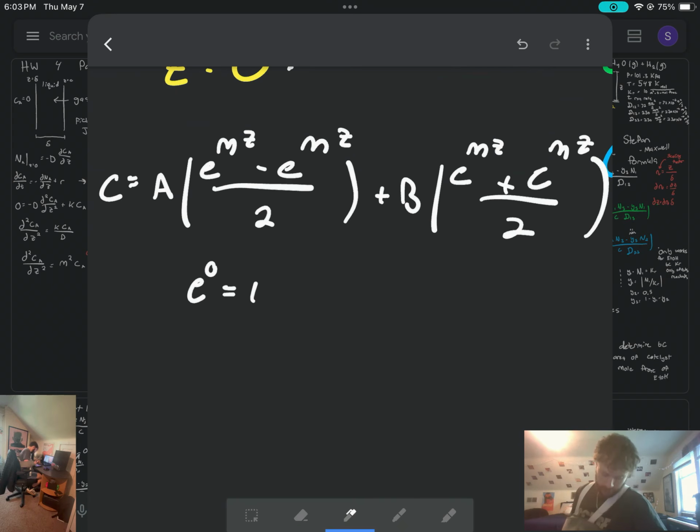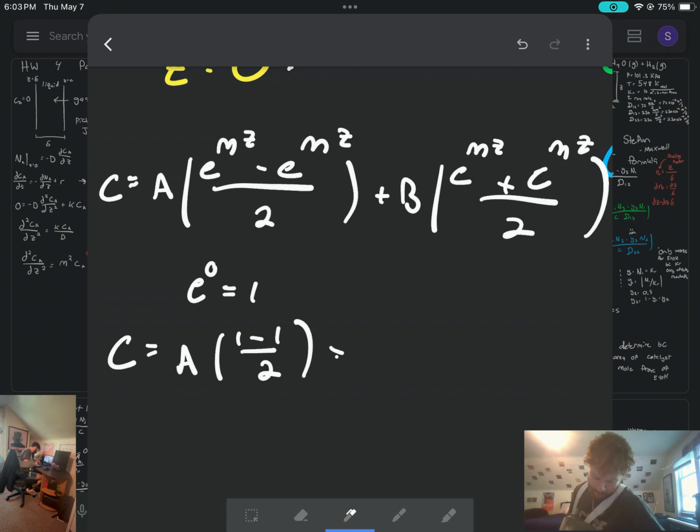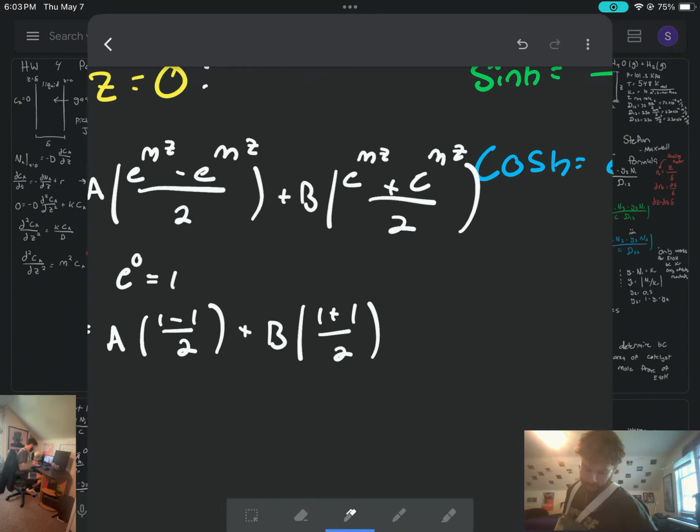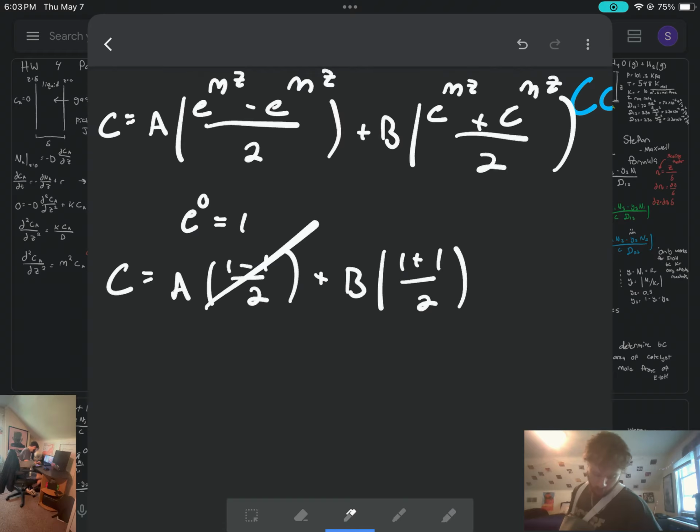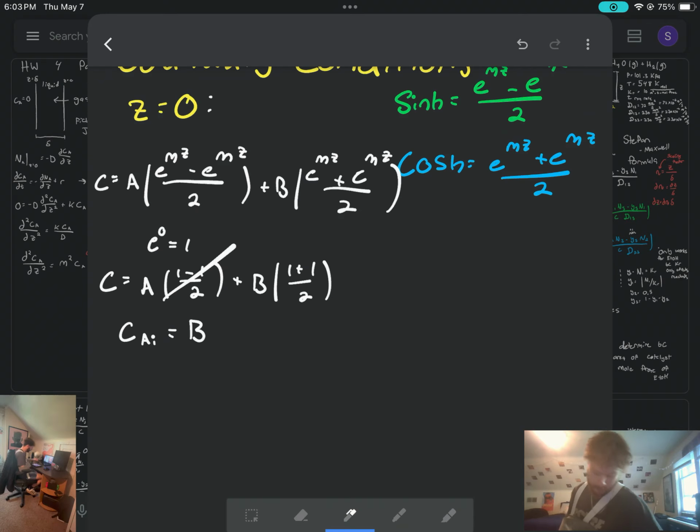This simplifies to concentration equal to A times 1 minus 1 over 2, plus our constant B times 1 plus 1 over 2. This will be 0, and this will just be 1. So what we'll be left with is our concentration at the interface is equal to B. That gives us our value for our constant B.